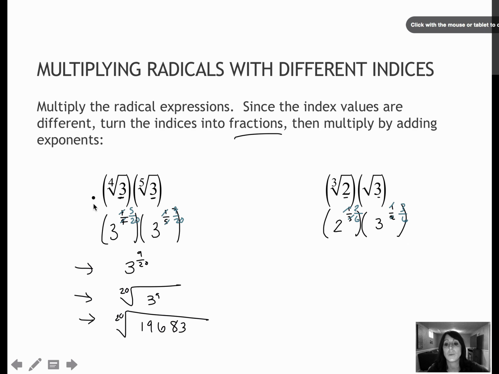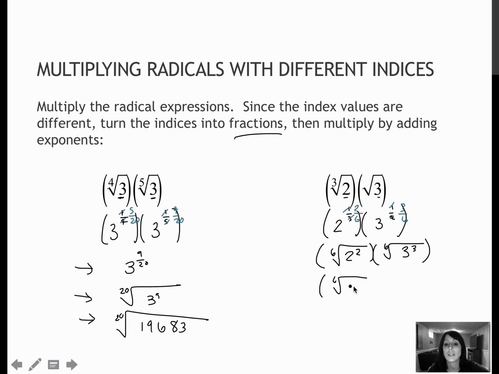And now what I'm going to do is a little bit different than what I did in the last question. I'm going to rewrite this as the 6th root of 2 squared, and I'm multiplying that by the 6th root of 3 cubed. Now look what we can do. So now we have the 6th root and the 6th root, and I've got some values on the inside. So 2 squared we know is 4, so the 6th root of 4, and 3 cubed is 27, so the 6th root of 27.